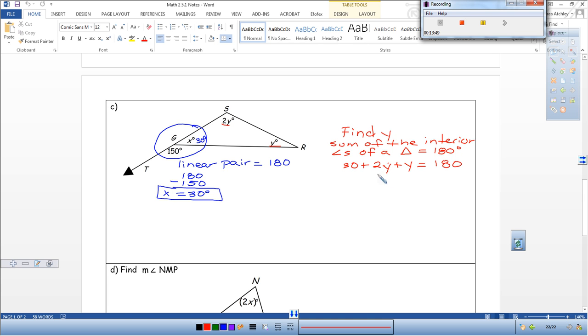Okay, so I'm going to combine my terms, 2y and y, and we get 30 plus 3y equals 180. I'm going to subtract that 30. I'm going to get 3y equals 150. I'm going to divide by 3, divide by 3.